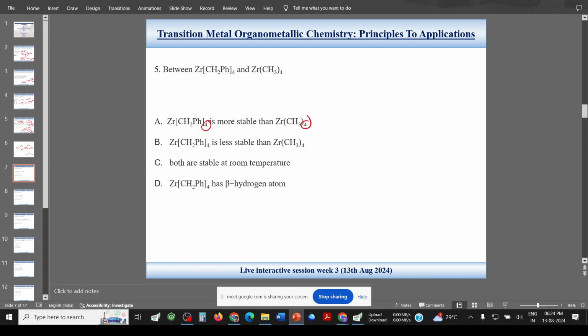Yes, your answer is correct. Option A is more stable, that is, zirconium benzyl is more stable than zirconium methyl. And you pointed out the term coordinatively saturated.